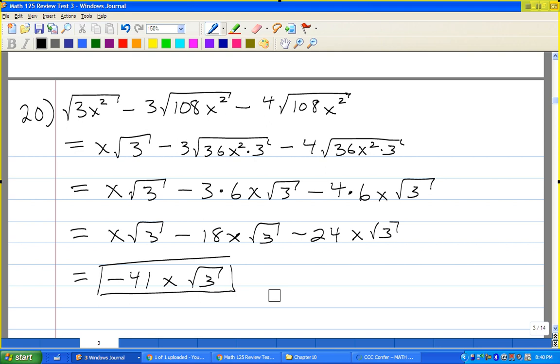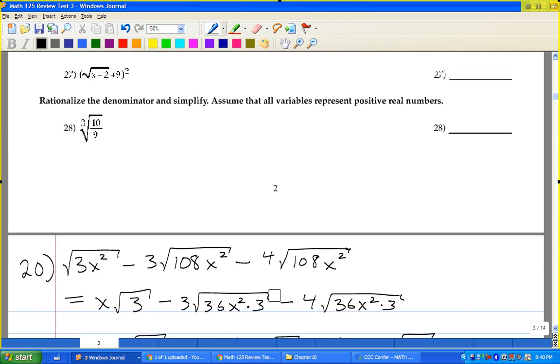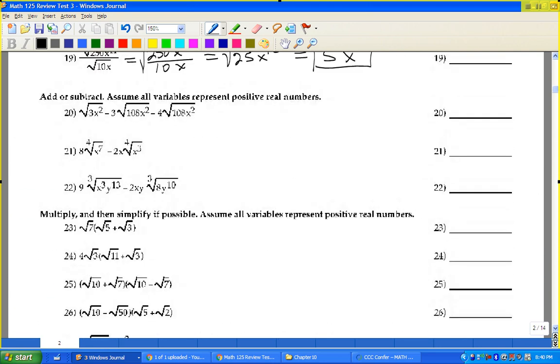Let me do problem number 21. Oh, I have enough room now. So this is equal to 8. Let me write the fourth root of x to the 7 as the fourth root of x to the 4 times x cubed. And then that's just the same thing, so 2x fourth root of x cubed.